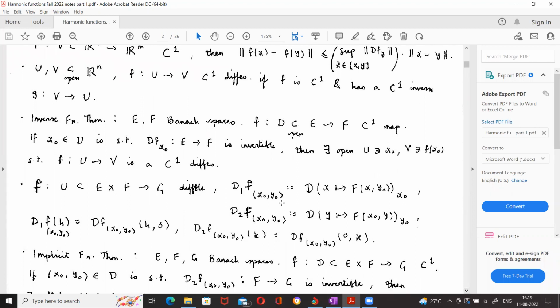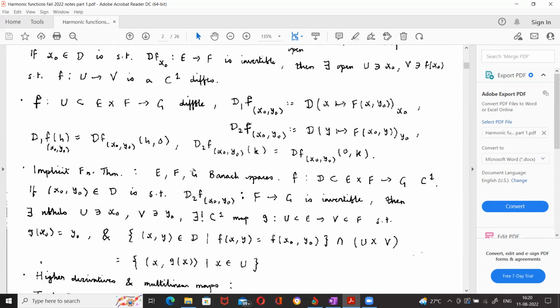So if E and F are Banach spaces, and f is a map from an open subset D of E to the vector space F, and f is C1, then if I take a point x0 in D such that df at x0, from E to F, is invertible, then there exist open neighborhoods U of x0 and V of f(x0) such that f from U to V is a C1 diffeomorphism. So for a C1 mapping, if the derivative is an invertible linear map at some point, then in a neighborhood of the point, the map itself is invertible, right? So that's the inverse function theorem.